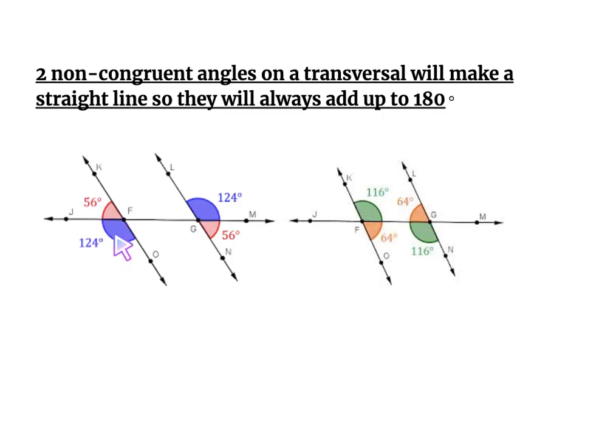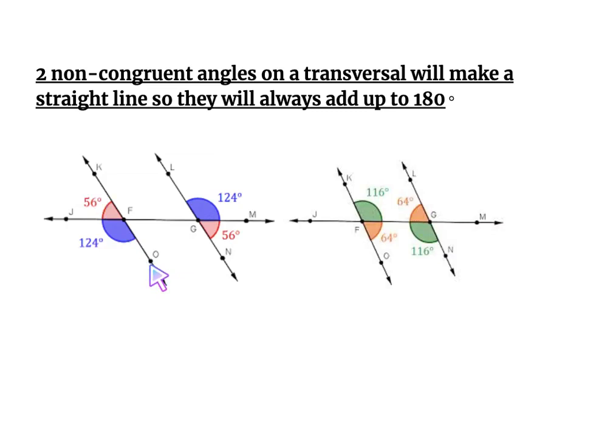However, since the parallel lines and transversals will make something called a straight line when 2 angles are together, that means that they'll add up to 180 degrees. So I don't even need these measurements. I know that if 2 angles are not equal to each other on a transversal, that means they're going to automatically add up to 180 degrees, because by making a straight line together, they make 180 degrees.